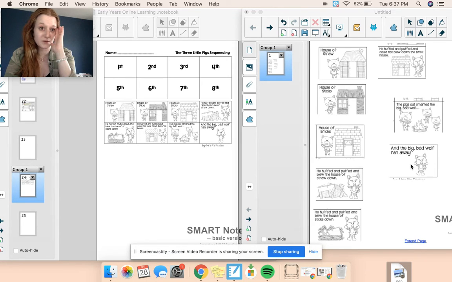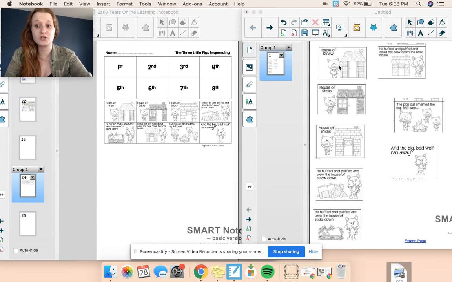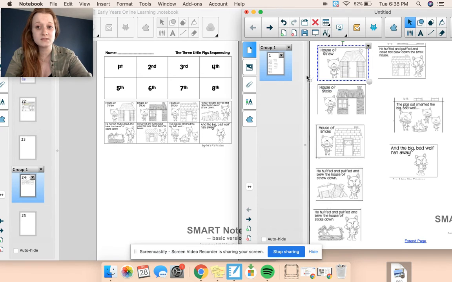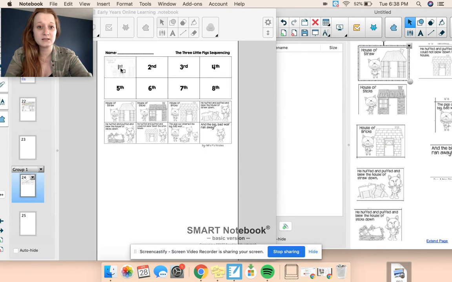Or in this case, the big bad wolf fell onto the ground like a deflated balloon and needed to go to the hospital. What happened first? What house did the big bad wolf go to first? Straw. Very good. So what you'll do is you'll cut out this and you will place it in number 1.